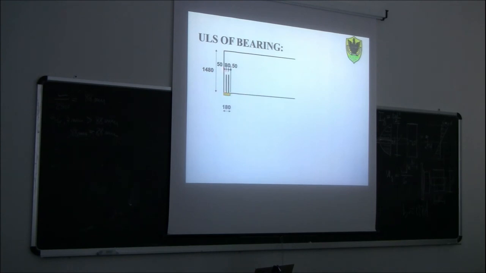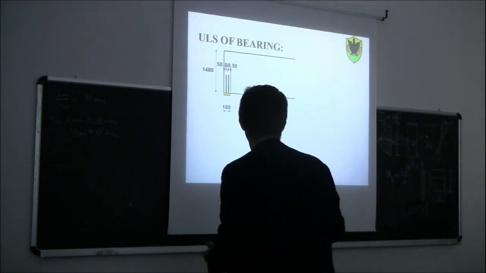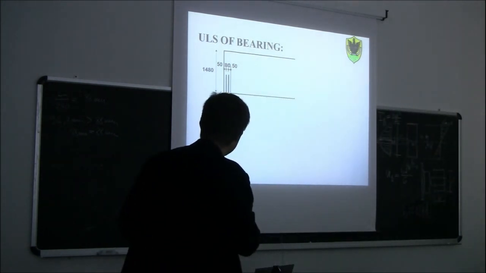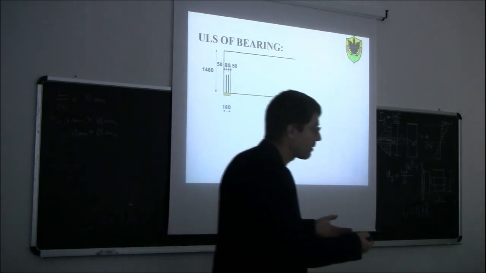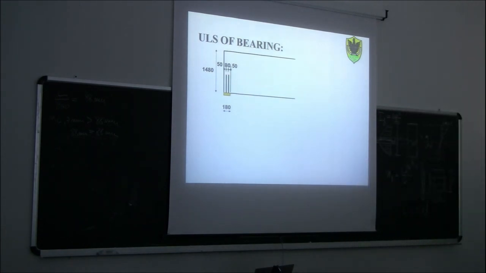You see 50 millimeters, for example, from the edge, and 50 millimeters from the end of this plate. And we will have to calculate how long those screws need to be in order to transfer the support reaction inside the beam and make it compatible with the strength perpendicular to the grain inside of the timber beam.